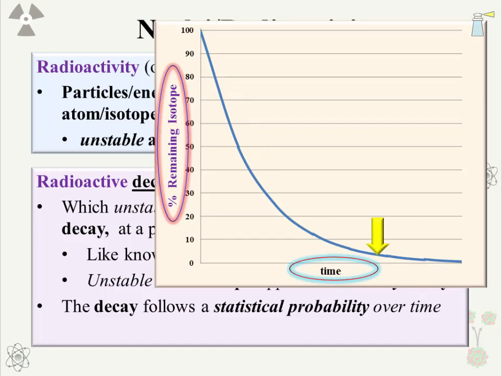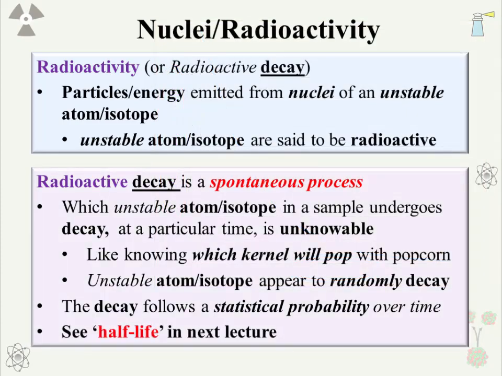Given long enough, almost all of the material will have decayed. Close to zero would remain. Same with the popcorn. Given long enough, almost all the kernels would pop. But for an isotope, how long is long enough? For that discussion, see the topic half-life in the next lecture.